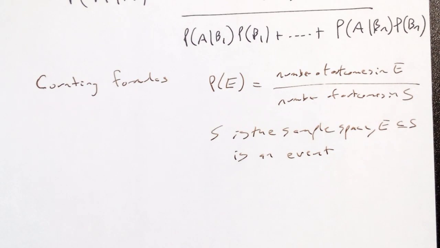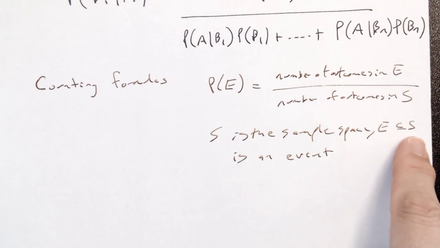So my theoretical probability formula said the probability of an event is the number of things in the set that is the event divided by the number of things in my sample space S. So S is my sample space, E is some subset of S, that's an event. Some collection of possible outcomes.